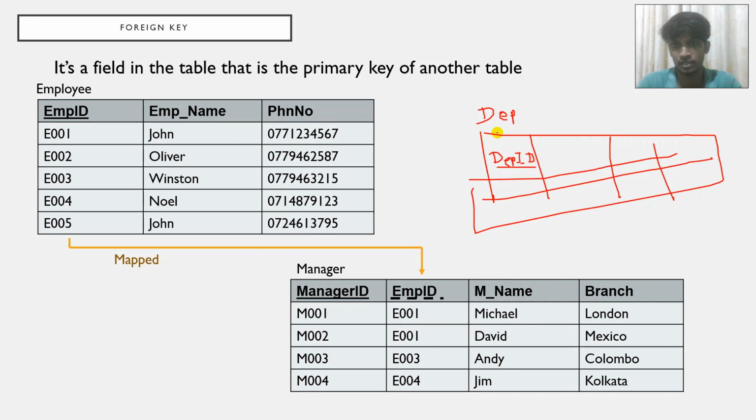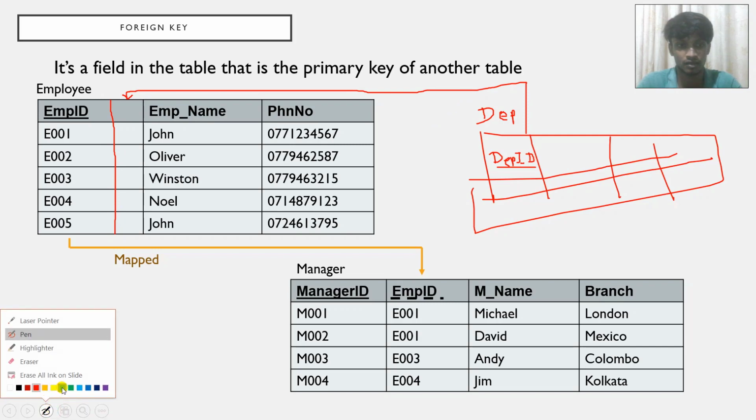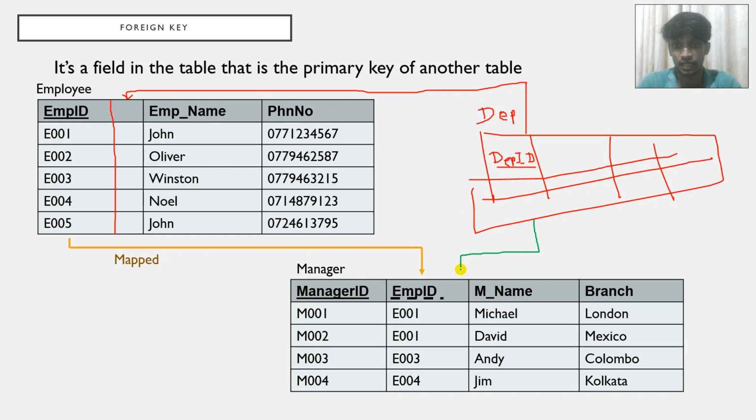So maybe this dep ID will be mapped over here like this, or maybe it could be mapped like this.